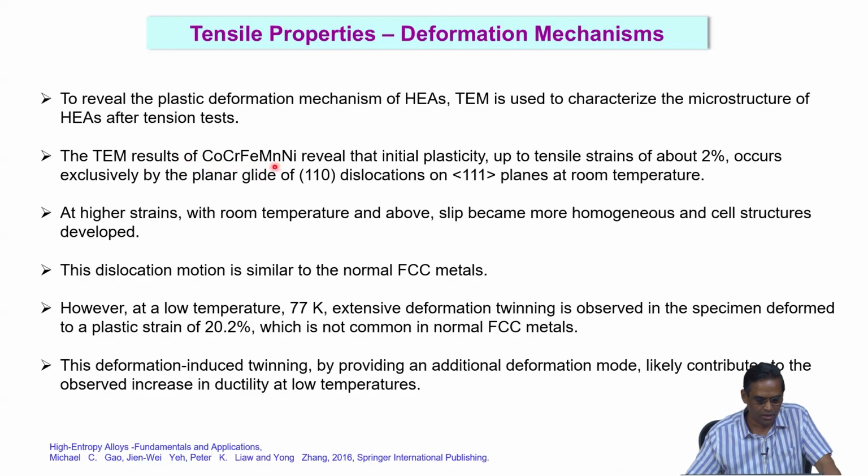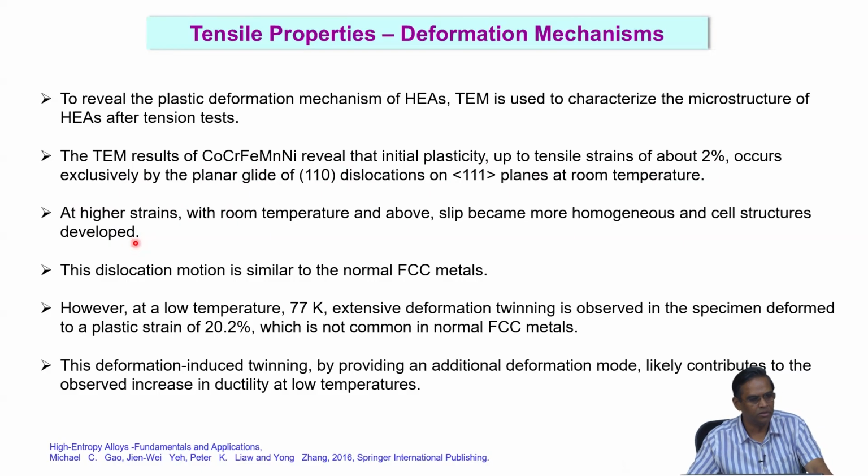What is reported for the cobalt, chromium, iron, manganese alloy is that the initial plasticity up to a tensile strain of 2% proceeds exclusively by planar glide of 110 dislocations on 111 planes at room temperature. At higher strains, at room temperature and above, slip becomes more homogeneous and cell structures develop.